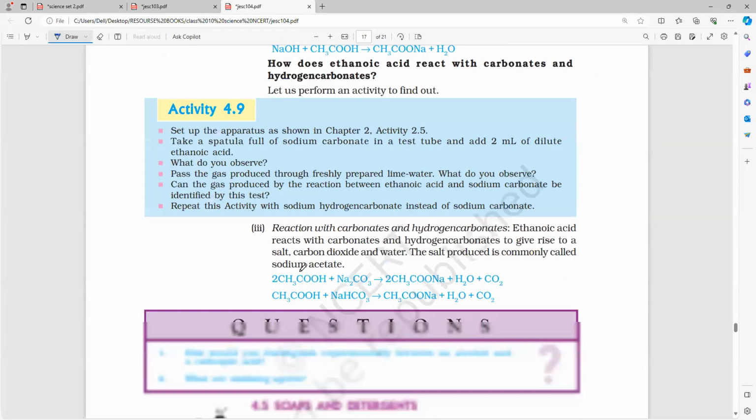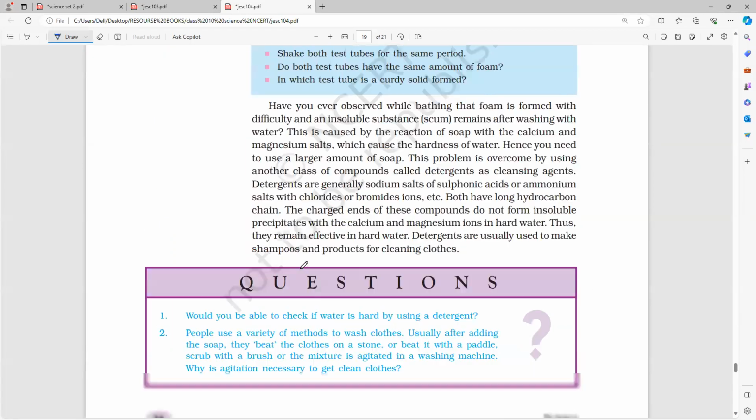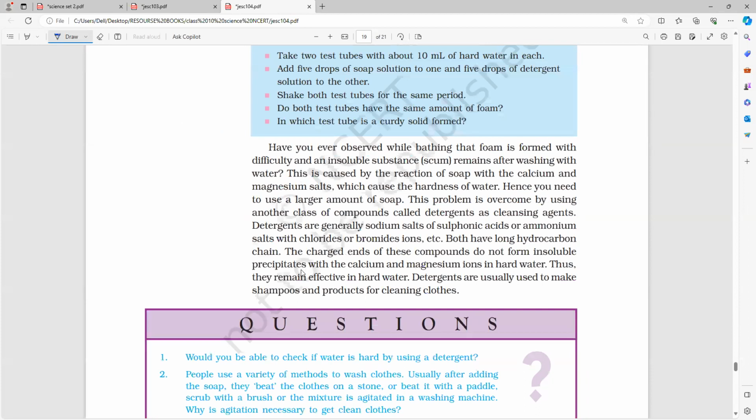Now come to the detergents. Detergents are generally sodium salts of sulfonic acids or ammonium salts with a chloride or bromide ions.